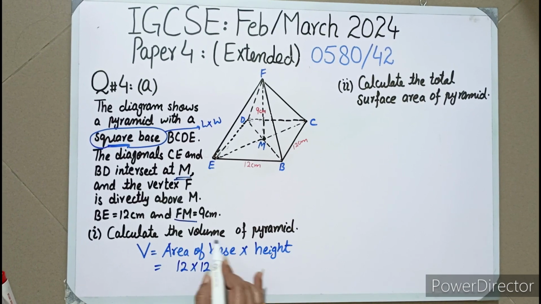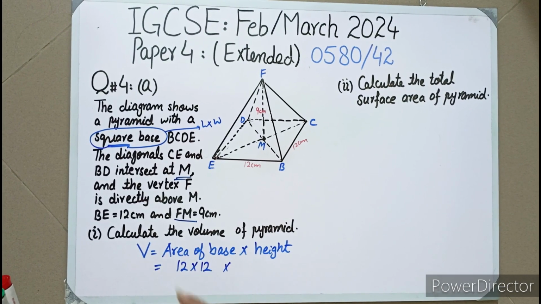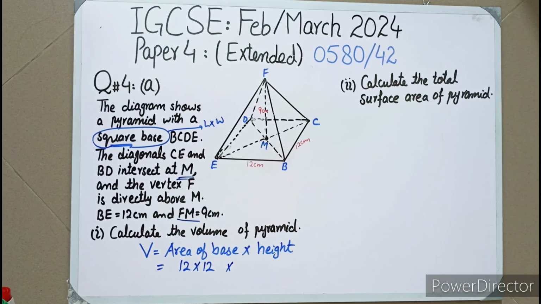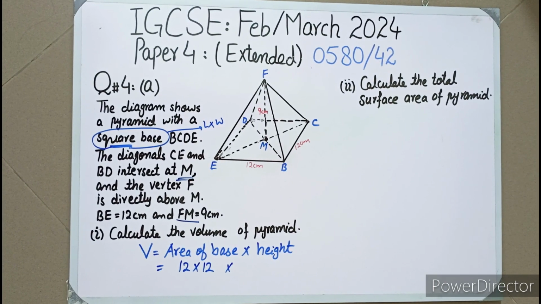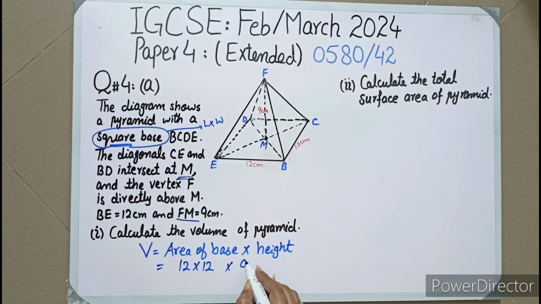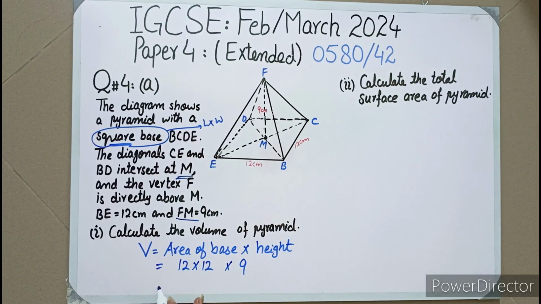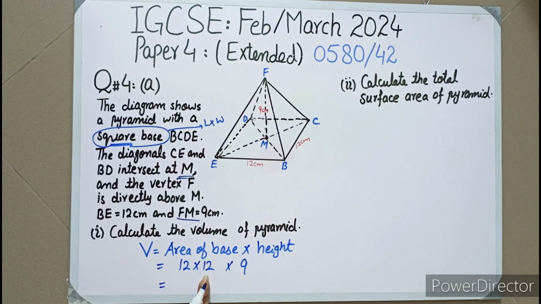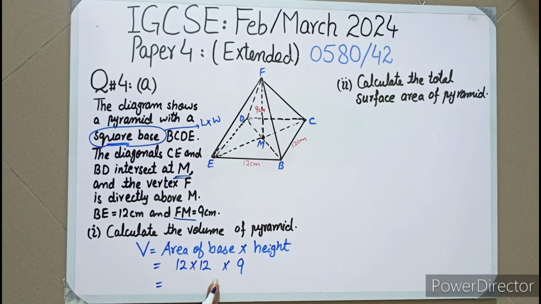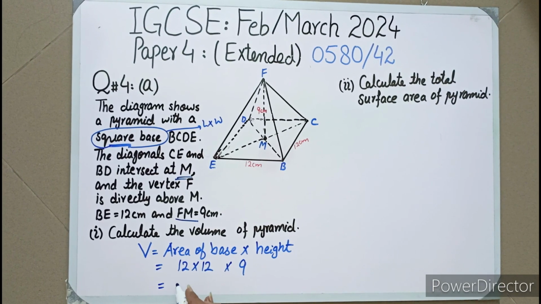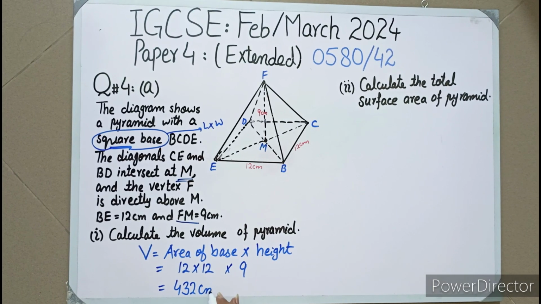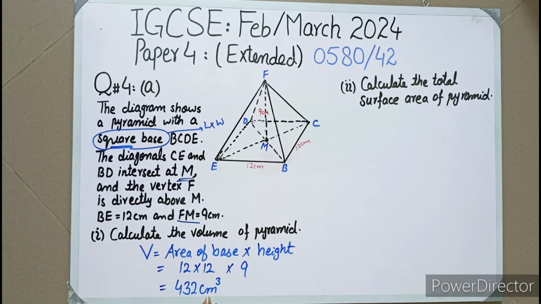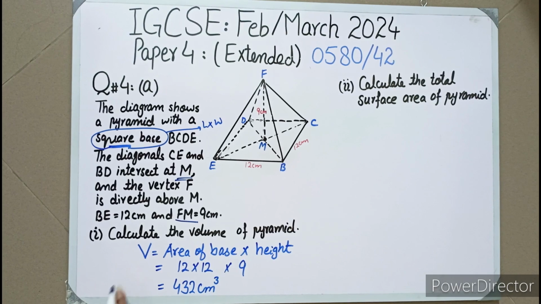This is the area of the base, and the height of the pyramid, that is FM, is shown in the figure as 9 cm. When you multiply 12 with 12, you get 144. After multiplying with 9, you will get 432 cm cube. Cm cube is the unit for the volume.